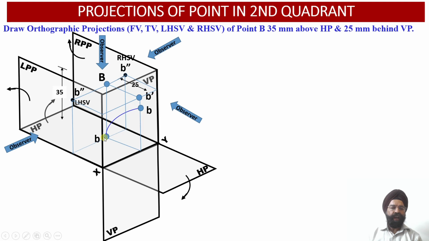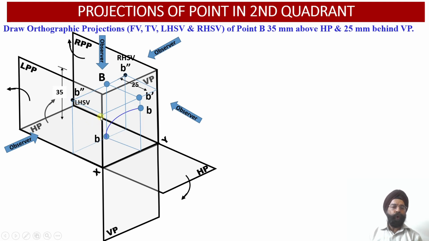Similarly, when we draw these three projector lines, we can check. So we observe that we are able to establish the relationship between top view projection and the left hand side view and the right hand side view projections. What is this relationship between these three?